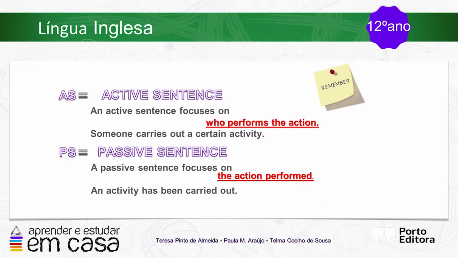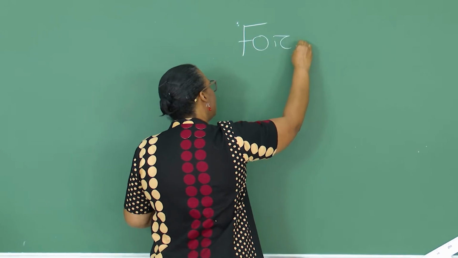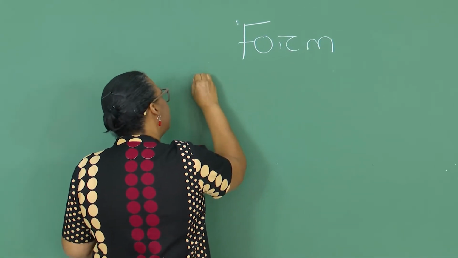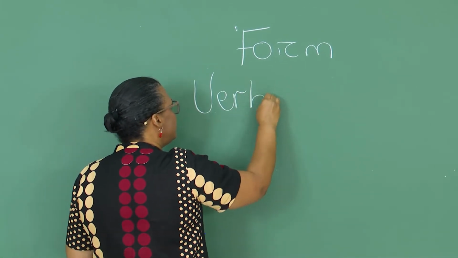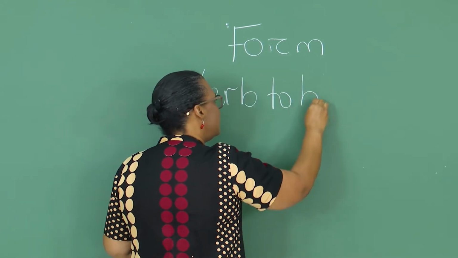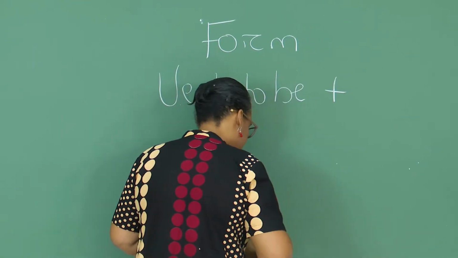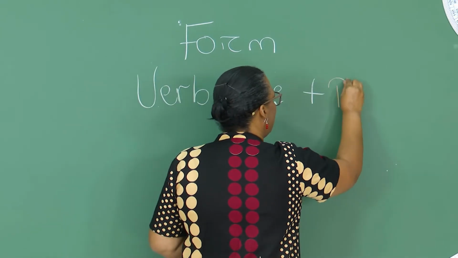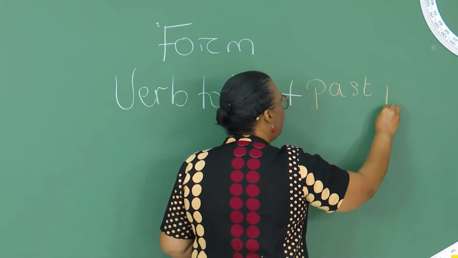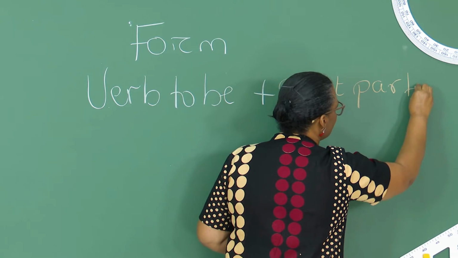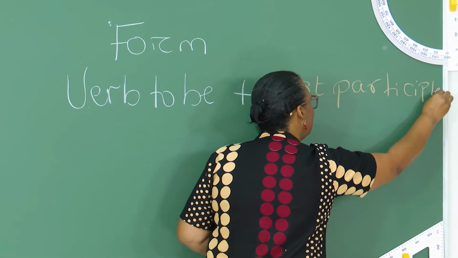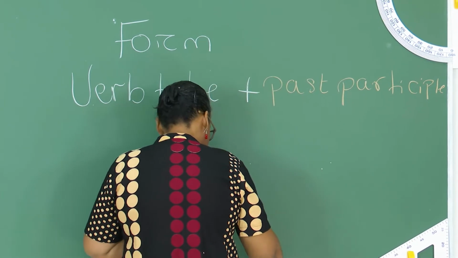So let's see what is very important in passive voice. We have to remember that passive voice is formed with the verb to be plus the past participle of the main verb.